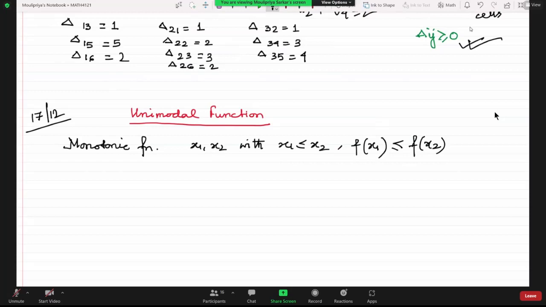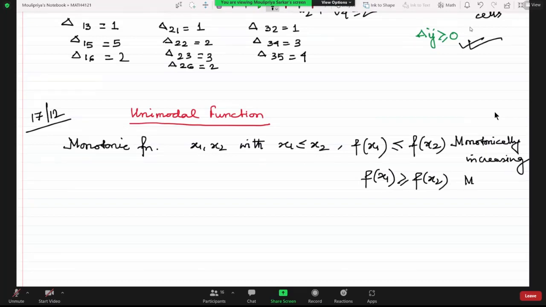If this be the case, what do we say? The function is monotonically increasing, and if it so happens that f of x1 is greater than or equal to f of x2, we say that the function is monotonically decreasing. So we can have a graphical representation like this.